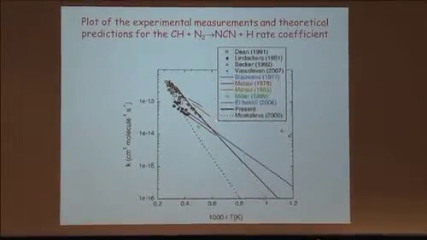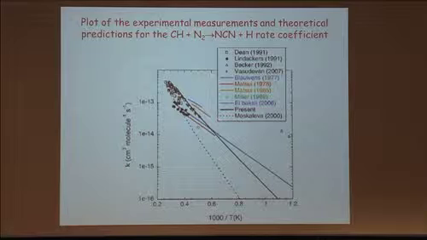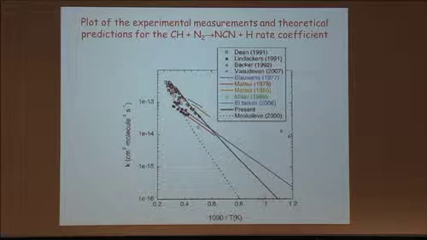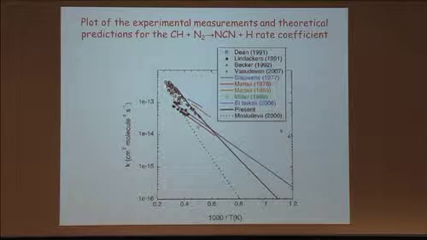And this is an analysis of the overall rate coefficient. And so these are the high temperature shock tube measurements. And you can see that the one that I showed you earlier on, the Vasudevan shock tube measurements, and the ones by Dean are giving results which are in closest agreement with the theory.